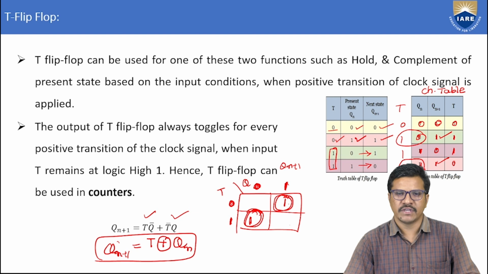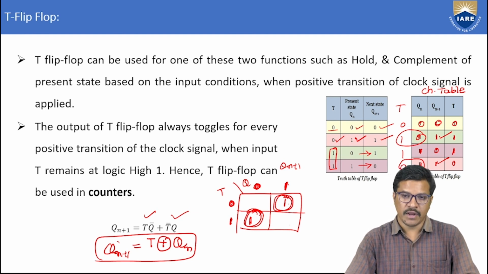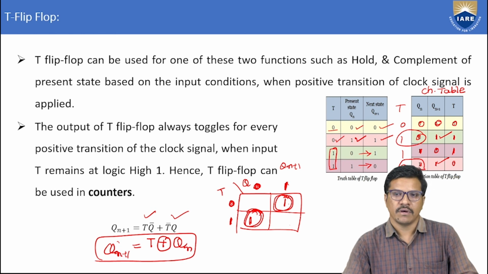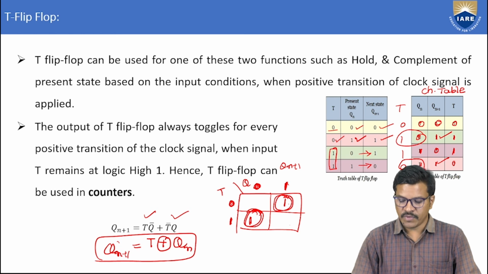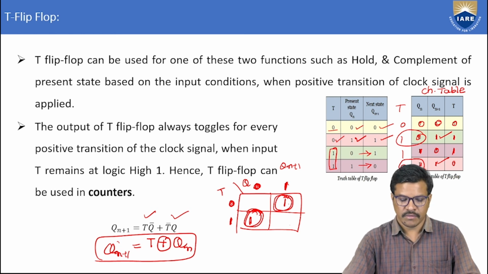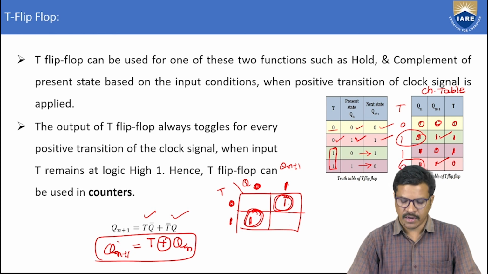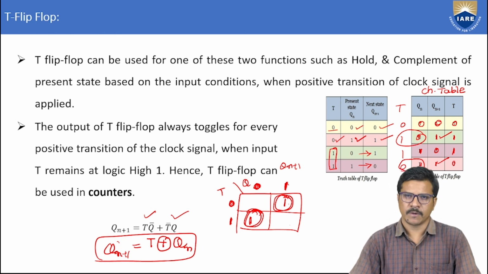In every sequential circuit you must have this kind of block, the memory element, which is made from different kinds of flip-flops. With the help of these basic flip-flops, we can go on to further sequential circuits.